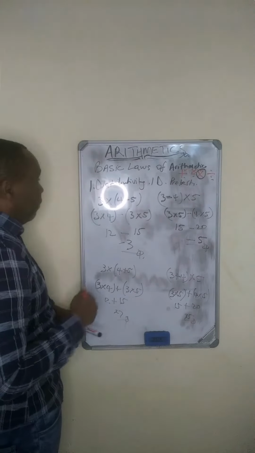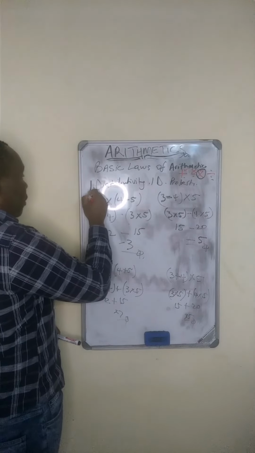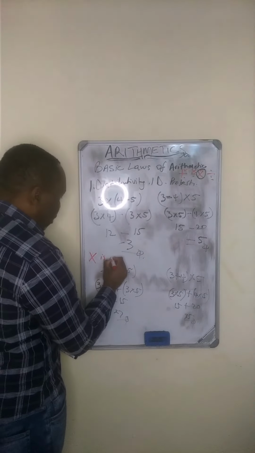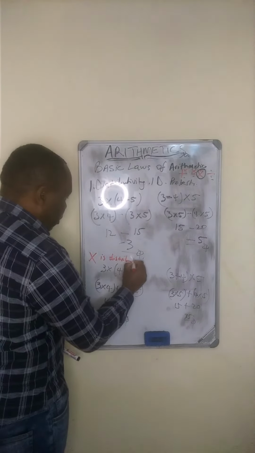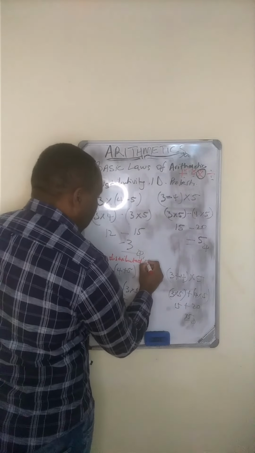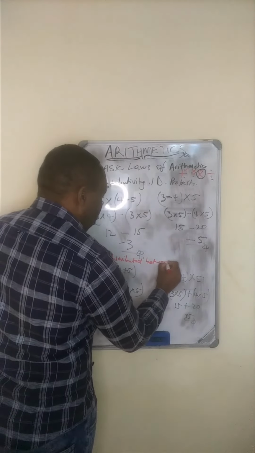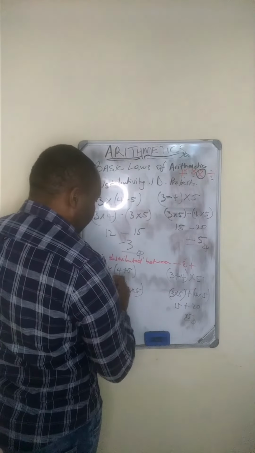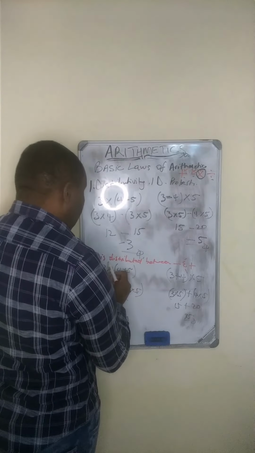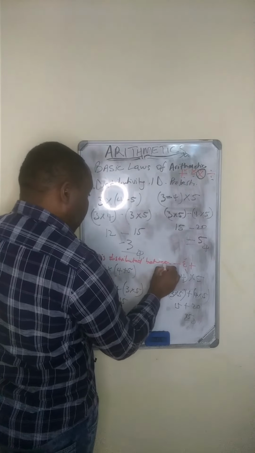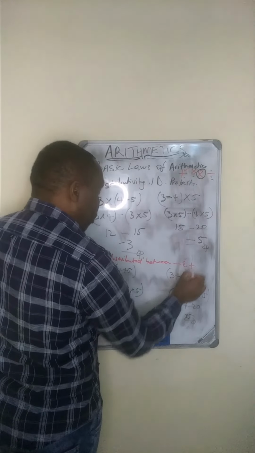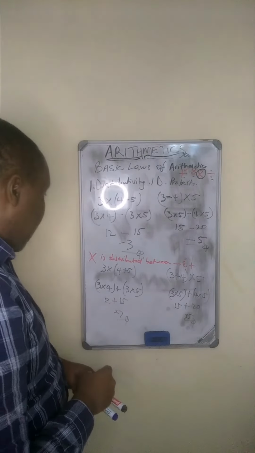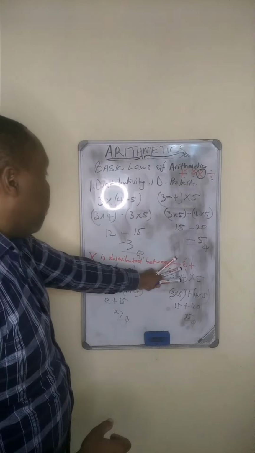So the conclusion here: multiplication is distributed between negative and positive. Therefore, it is a distributive property.